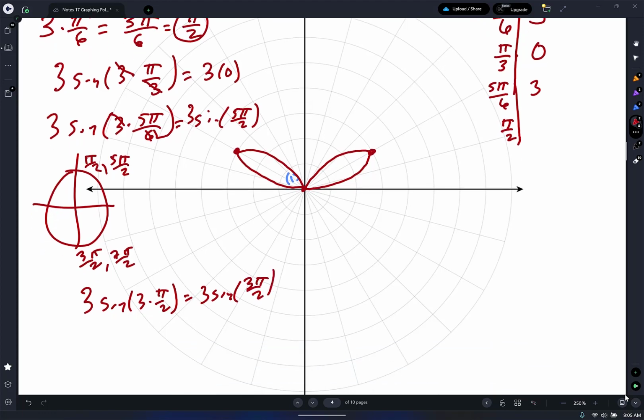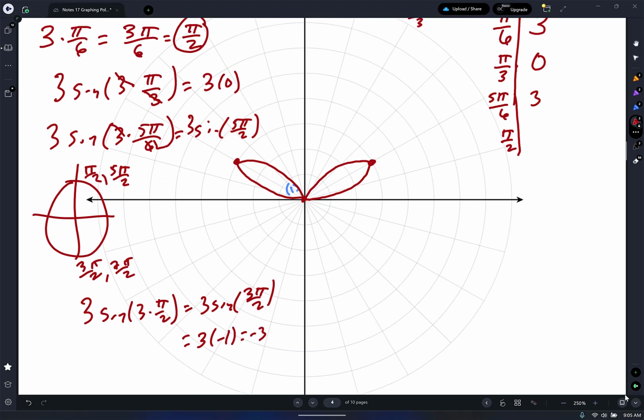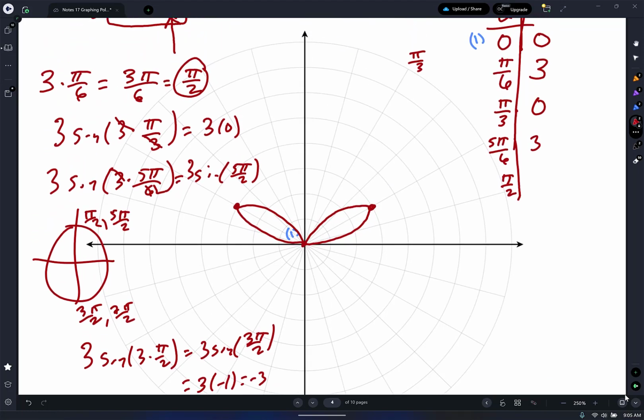Sine of 3 pi over 2 is -1, guys. So I get -3. So pi over 2 is the positive y-axis. Negative 3, I go down. 1, 2, 3, point. And it can look like this. There it is. Symmetric on the y-axis. Cool or not cool?